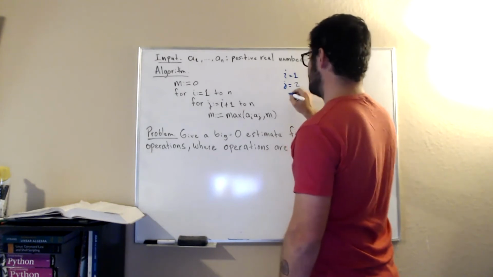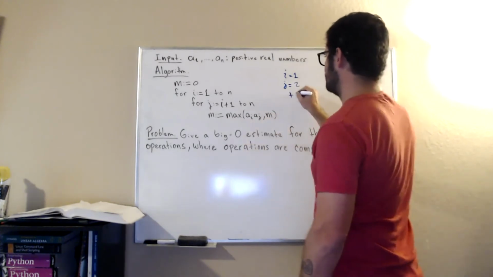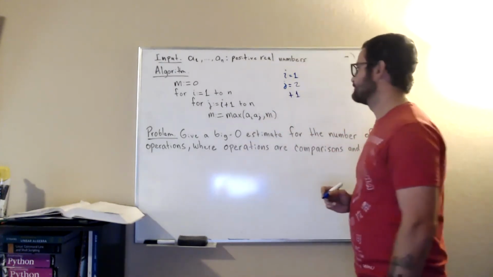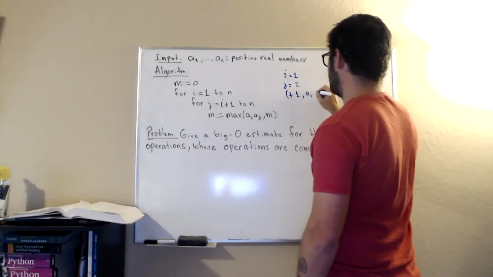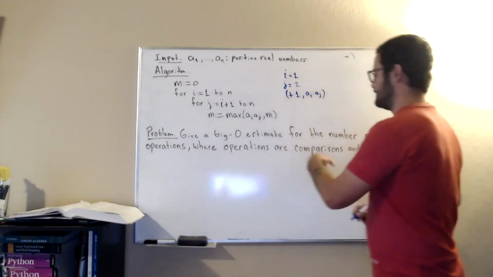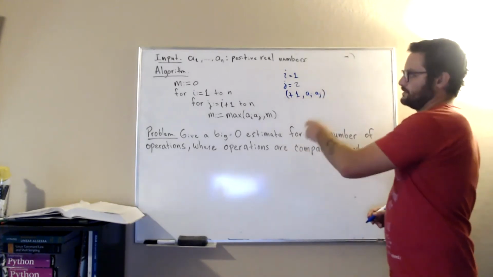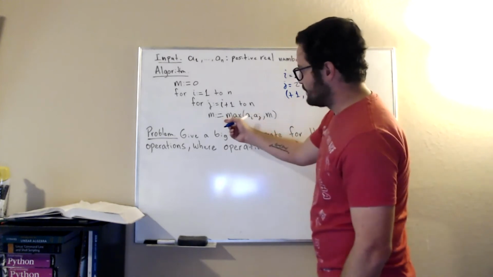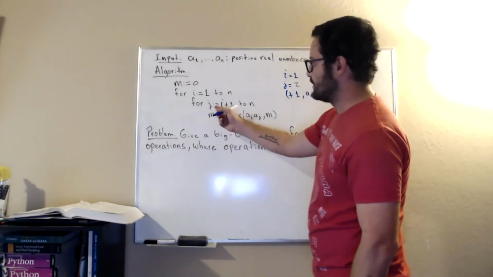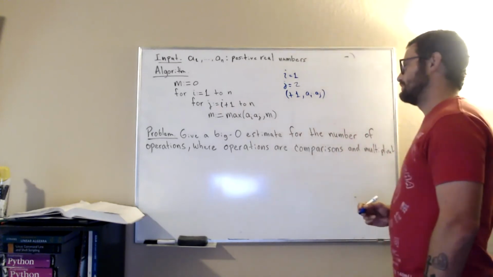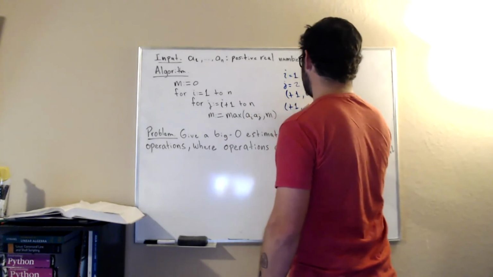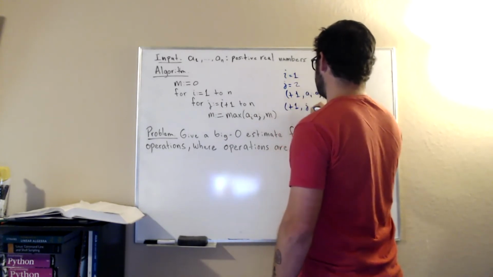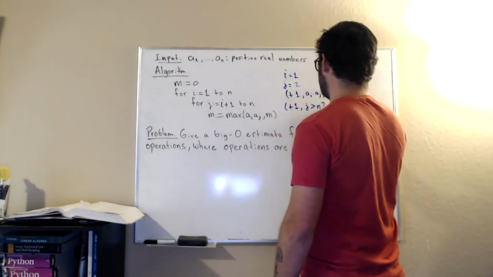For example, J is 2 now, and we do one multiplication there. That's one thing we're keeping track of. Then once we do that multiplication, we check to see if J is greater than N. So plus 1 there, that Boolean comparison.